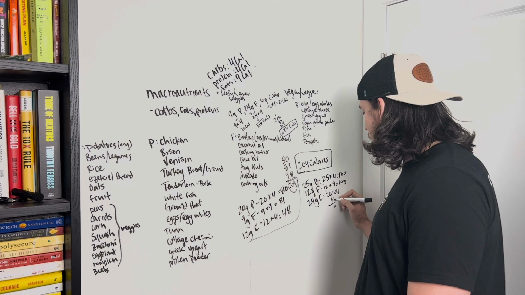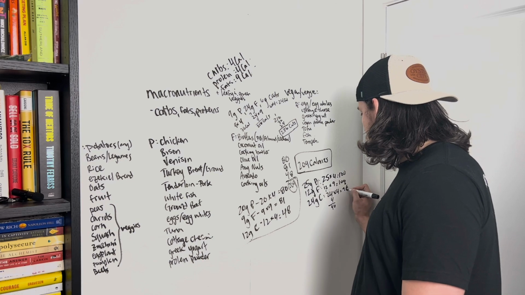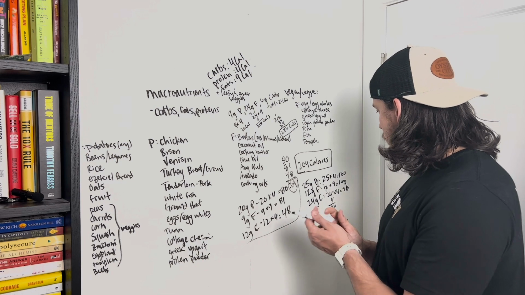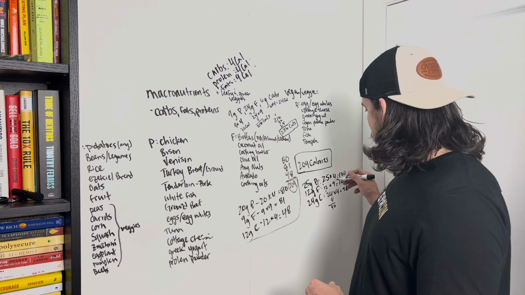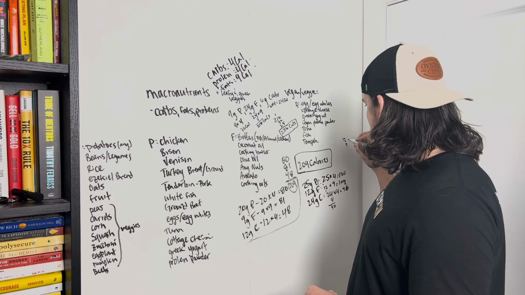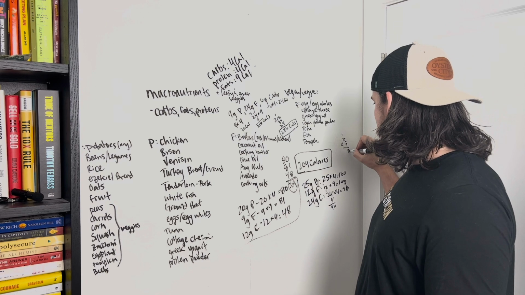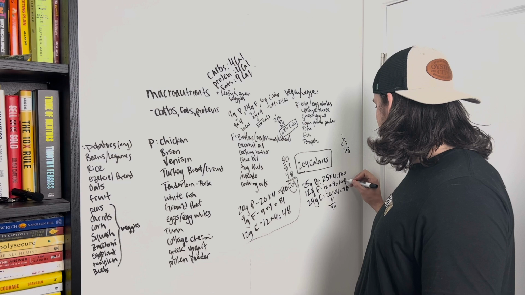It's going to be 96. So then 100, hold on, I got to do this math now. 12 times 9 is 108. Okay, that's 108.